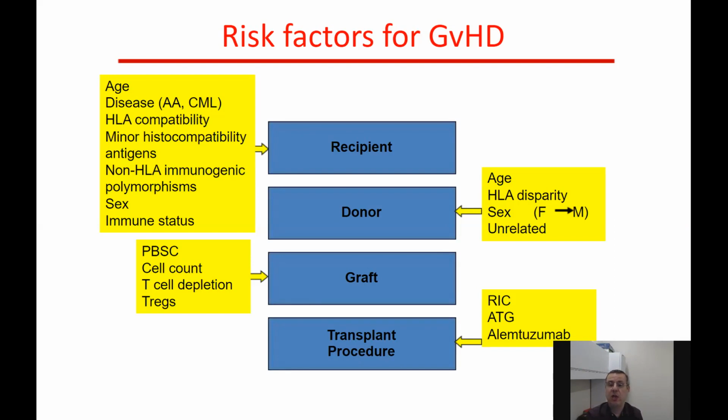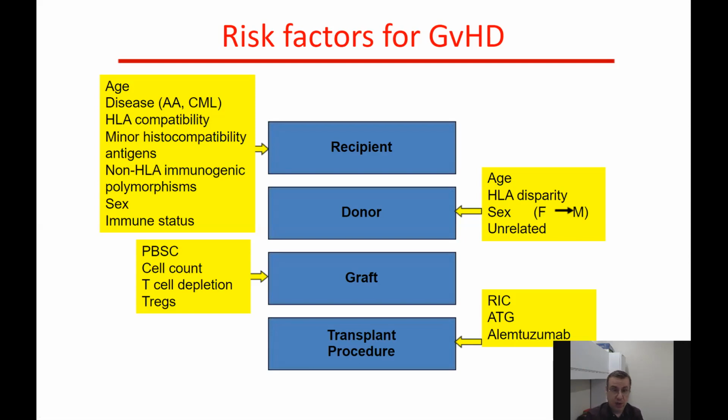In particular, when the donor is female and the recipient is male, we see an increased risk of acute graft-versus-host disease. Now, related to the graft, the use of GCSF mobilized peripheral blood stem cells as opposed to bone marrow graft predisposes to acute GVHD.